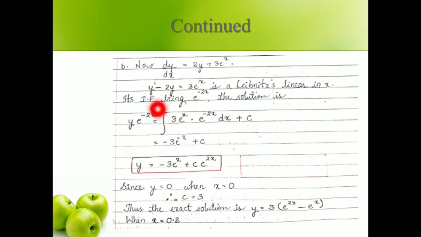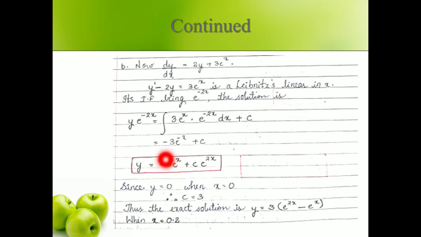We change the equation to y dash minus 2y equal to 3 into e to the power x, which is linear in y. With the integrating factor e to the power minus 2x, the solution will be y into e to the power minus 2x equal to the integral of 3 e to the power x into e to the power minus 2x dx plus c.